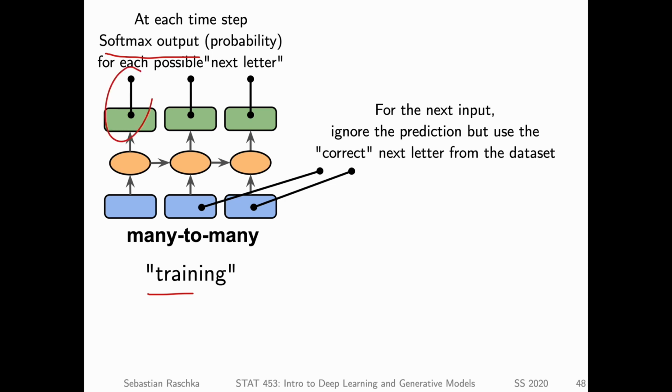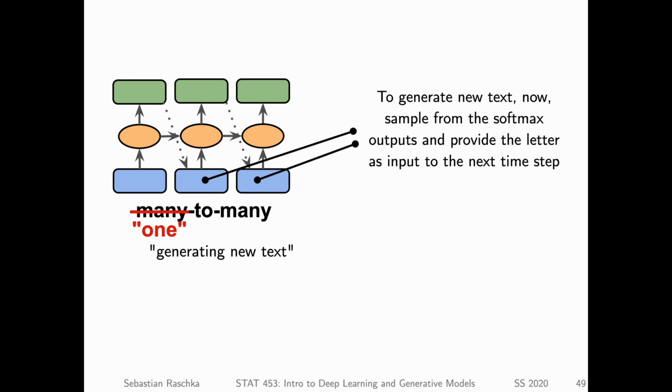We only use it to compute the loss, but we don't use it as the input to the next time step. However, during inference where we generate new text, we use the output of the previous time step as input to the next time step. So this is again this connection here, where we use the output from the previous time step as input to generate the next letter.